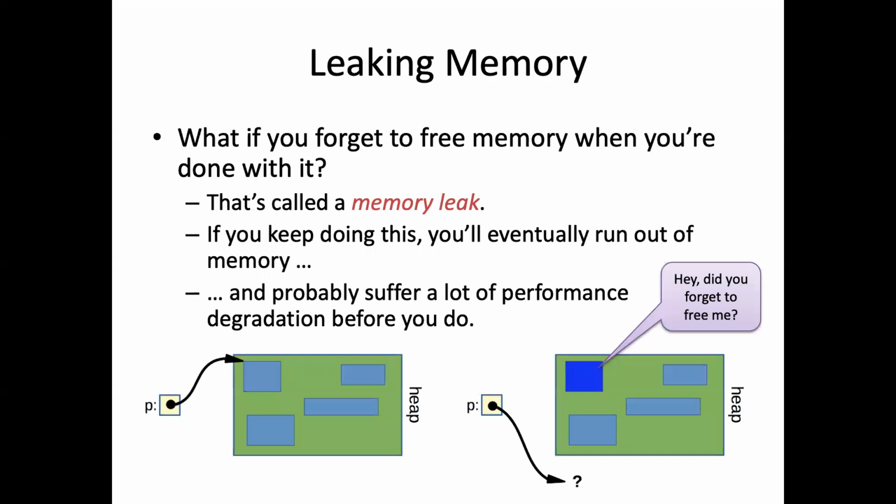There are some new mistakes that we can make that we didn't have to worry about until we started using dynamically allocated memory. And one of the most common things to mess up, one of the things that you need to keep in mind, is whenever you allocate dynamically allocated memory, you should have a plan for when you're going to free that memory.